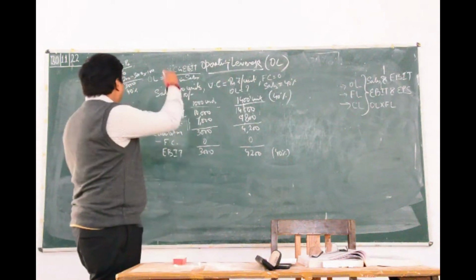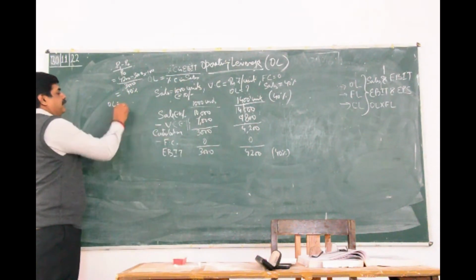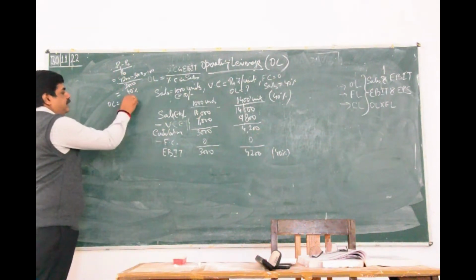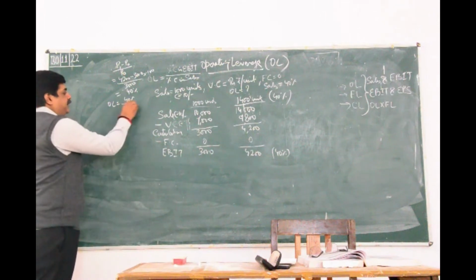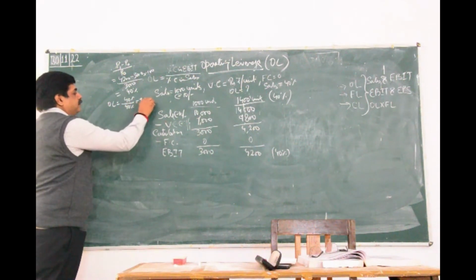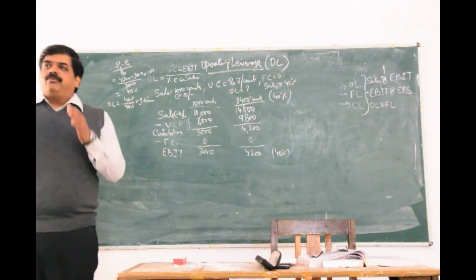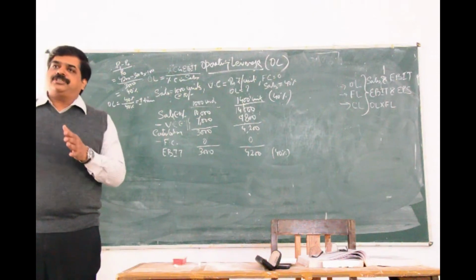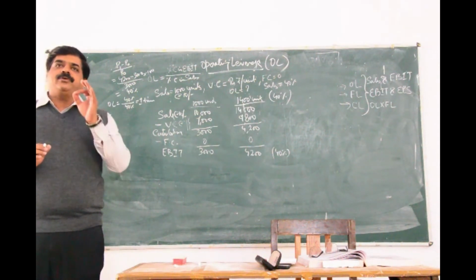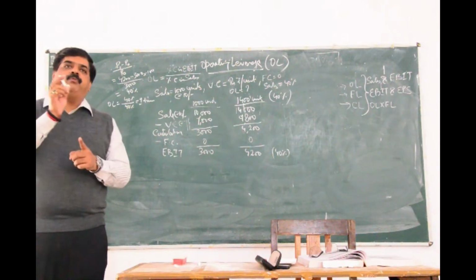Simply, if we put the equation of operating leverage, percentage change in EBIT is 40%, percentage change in sales, 40%. That means 1 time. This means whenever in the cost structure the fixed cost is 0, operating leverage will always be 1.